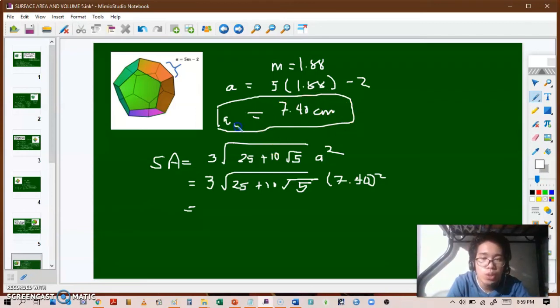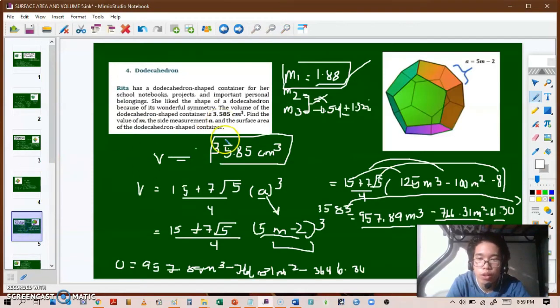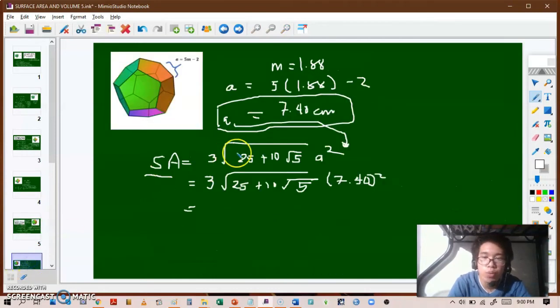Okay, and then we substitute this value into the formula for the surface area of a dodecahedron, because that's one of the things being asked in this problem. So surface area is equal to 3 times the square root of 25 plus 10 square root of 5, times a squared.